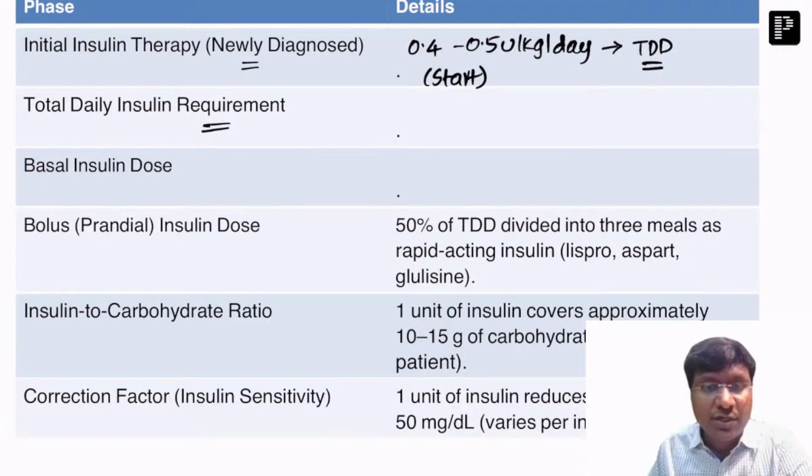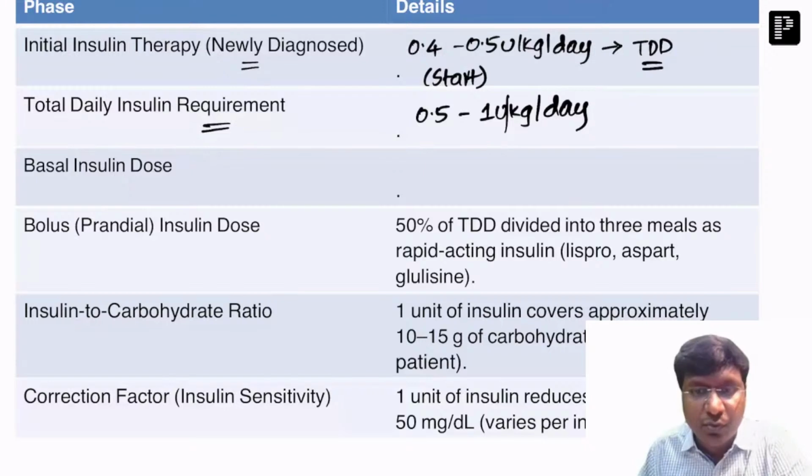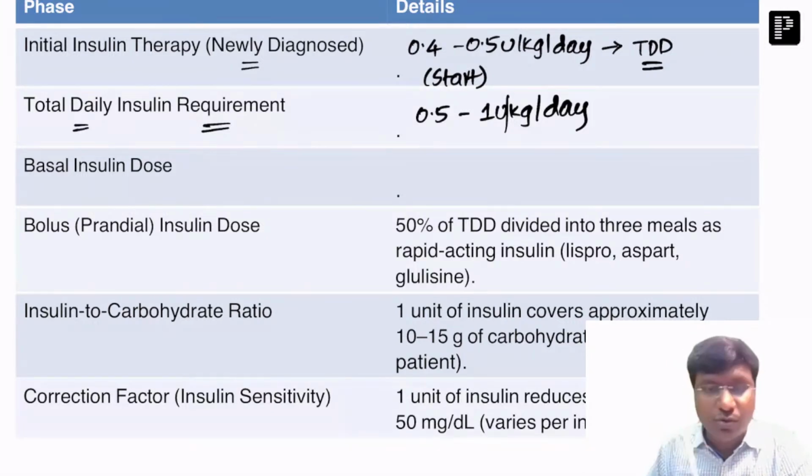But how much is the total daily insulin requirement? The total daily insulin requirement is typically around 0.5 to 1 unit per kg per day, depending on the glycemic control as well as the lifestyle. So this will be the total daily insulin requirement.